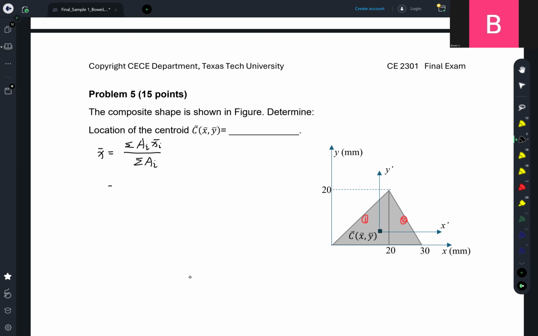First we have the numerator, which is the summation of area times the coordinate of the centroid.